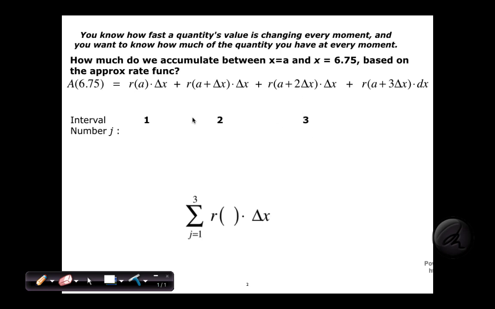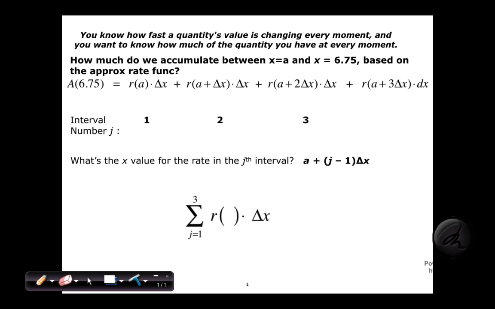You can see it's always one number less than the interval number that I'm on. How about a J minus 1? If I have A plus some number of delta x's, as long as that's 1 less than the number that I'm substituting in, I can make the number that I'm substituting in, 1 through 3, represent also the number of the interval that I'm on, the interval that I'm using this for.